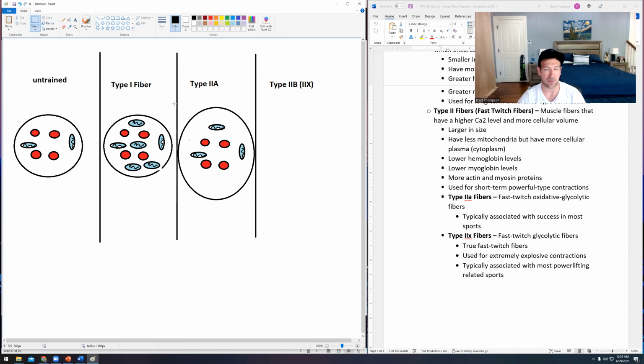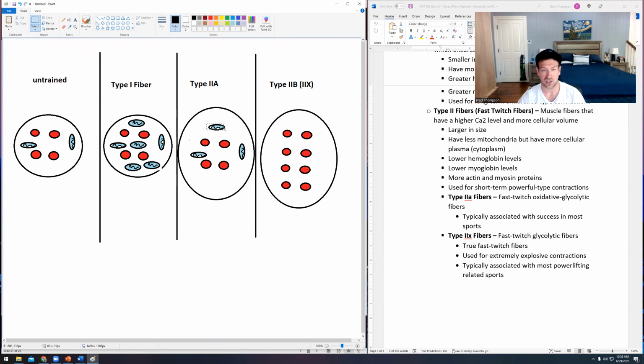Type 2X fibers are going to be the same size, so they're going to be really big, but they're going to have more proteins inside of them. So those are our myofibrils, right? The reason that these muscle cells are bigger is because there's more proteins, there's more rods in the muscle cell.